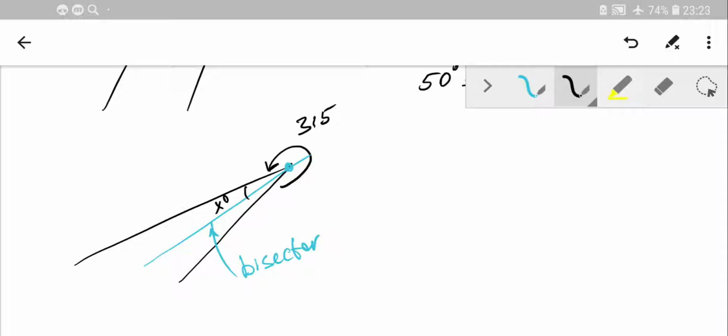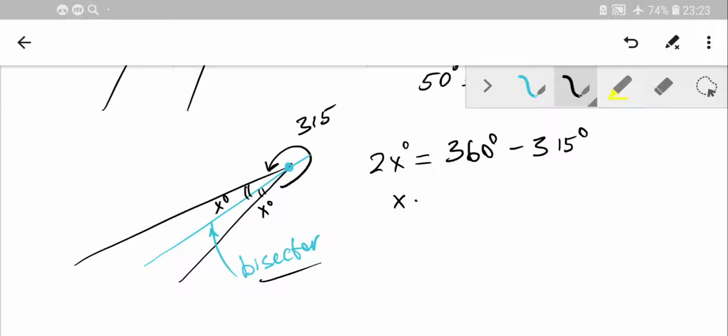So x. Basically, because we know it's a bisector, we know that this angle is also x. So 2x is actually 360 minus 315. You know why? Because the total amount around is 360. Or you can start from just adding parts, like x plus 315 equals 360.